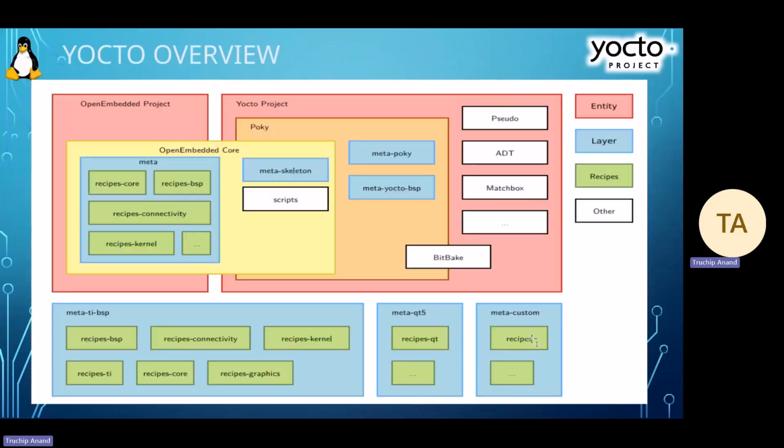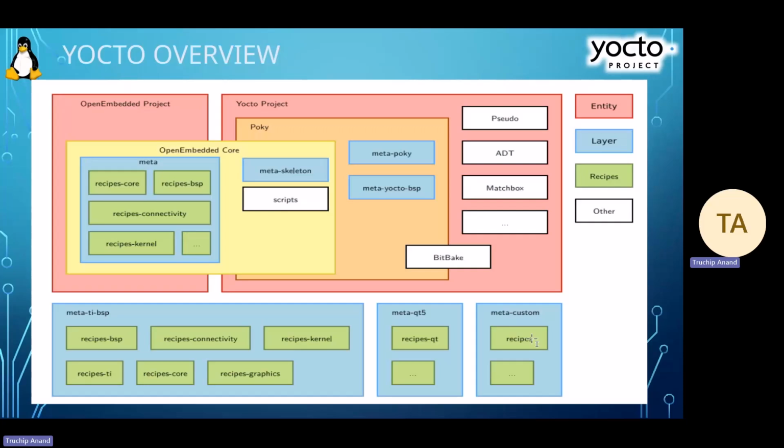If you look at the complete Yocto, it will have the following things at a big picture. Most of the things come from the OpenEmbedded Core project, where you will have an OpenEmbedded Core meta layer, and internally it will have multiple recipes. That will be part of your Poky project, where everything will come, and your BitBake is part of your Poky project. Then you can integrate multiple metas associated with this mechanism.